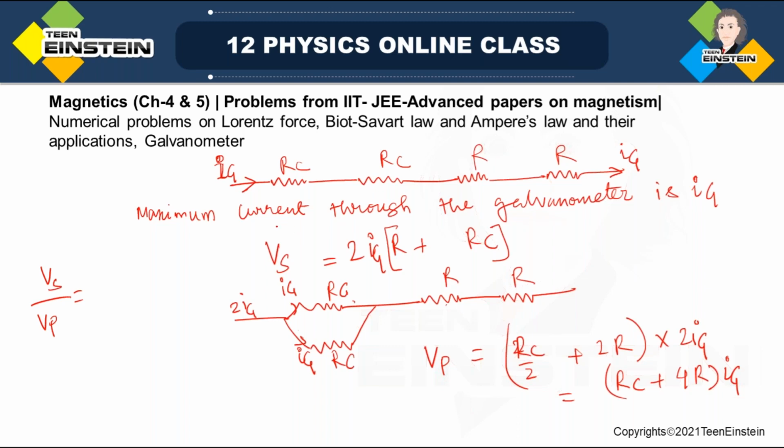So Vs we obtained as 2Ig into R plus RC, and here we are getting Ig into RC plus 4R, right? Now we can strike them out.